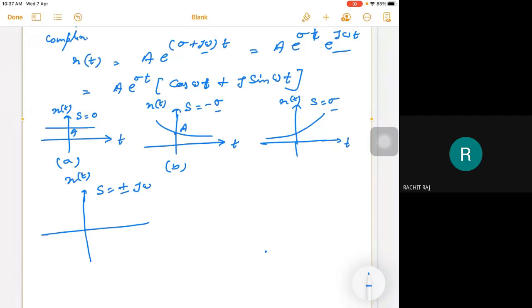You know the function x(t) equals A e to the power st, and if you are considering s equal to plus j omega or minus j omega, so in the first case you will get the sinusoidal signal.